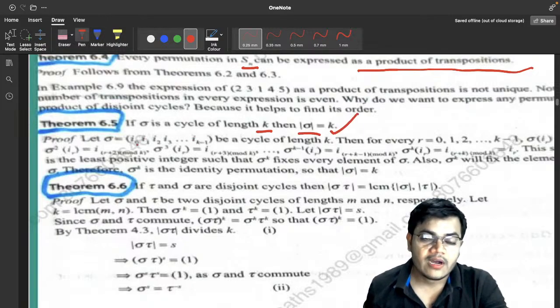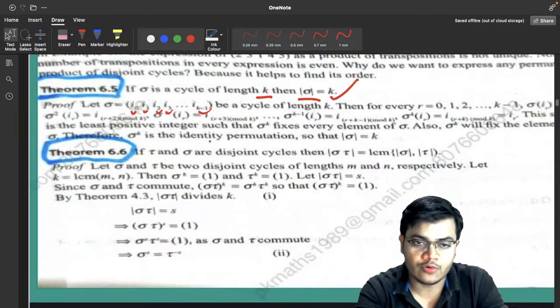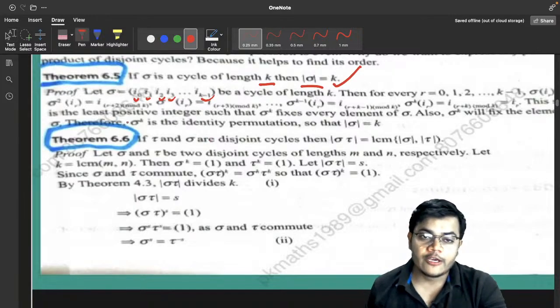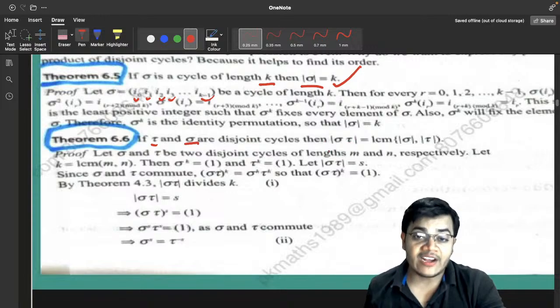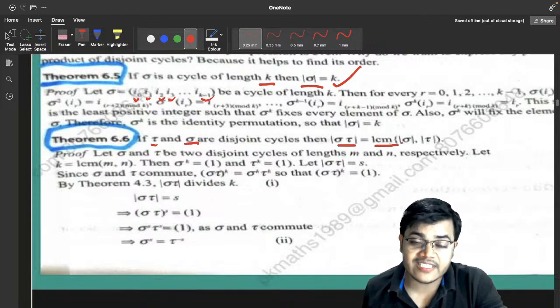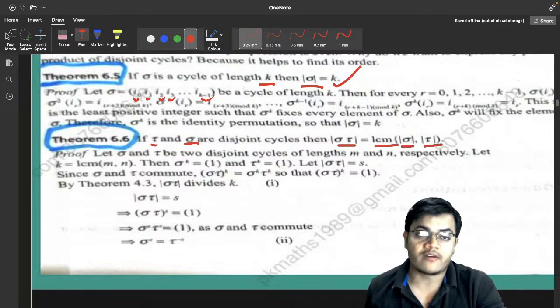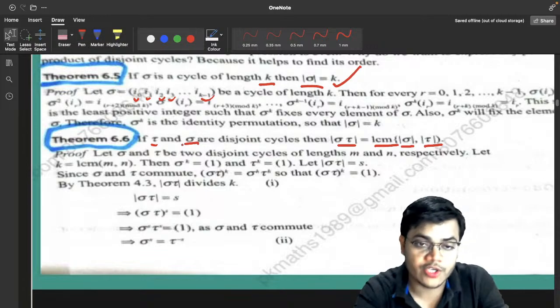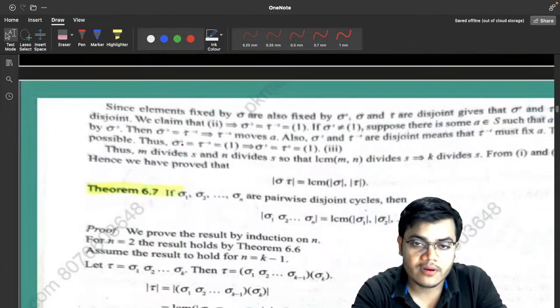I mean to say, if you can see k elements in a cycle, then the order will be k. You already know all these things. If tau and sigma are disjoint cycles, then the order of sigma tau is nothing but the LCM, least common multiple, of the order of sigma and the order of tau. This is also a theorem you must remember.